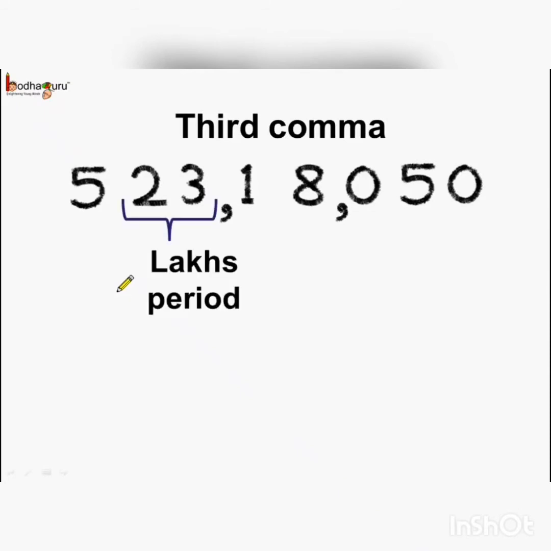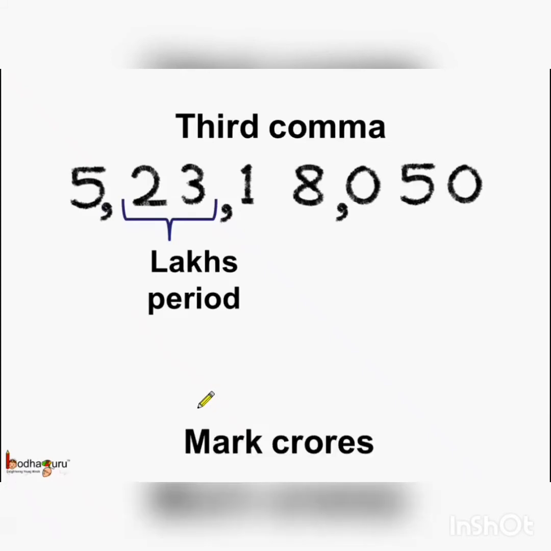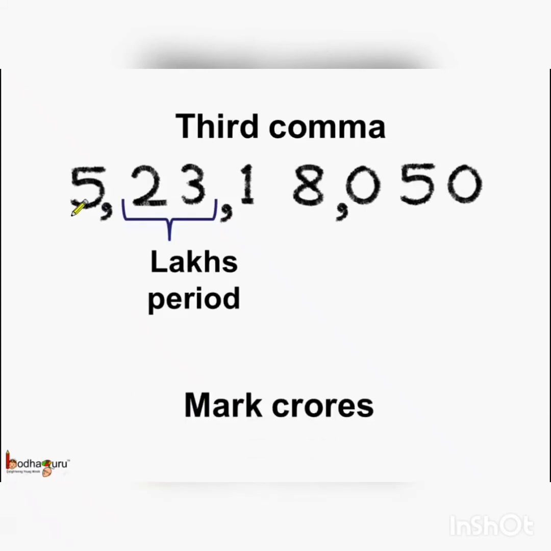It consists of digits at lakhs and 10 lakhs place value. So the third comma is placed after the lakhs period and it marks crores. Like here we have 5 crore. So now you know how to read large numbers according to the Indian numeral system.